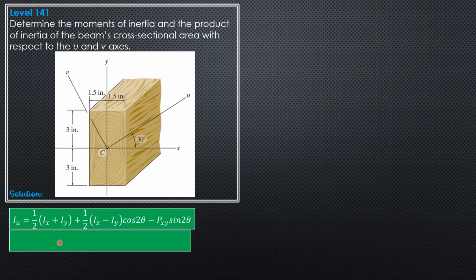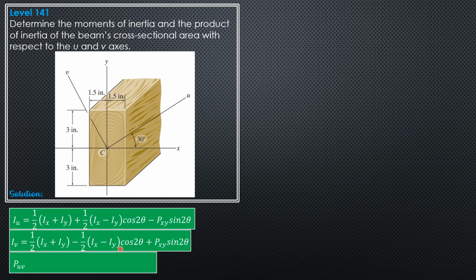I sub v is 1 half of quantity Ix plus Iy minus 1 half of quantity Ix minus Iy cosine 2 theta plus product of inertia Pxy sine of 2 theta. While product of inertia Puv is 1 half of quantity Ix minus Iy sine 2 theta plus Pxy cosine 2 theta.